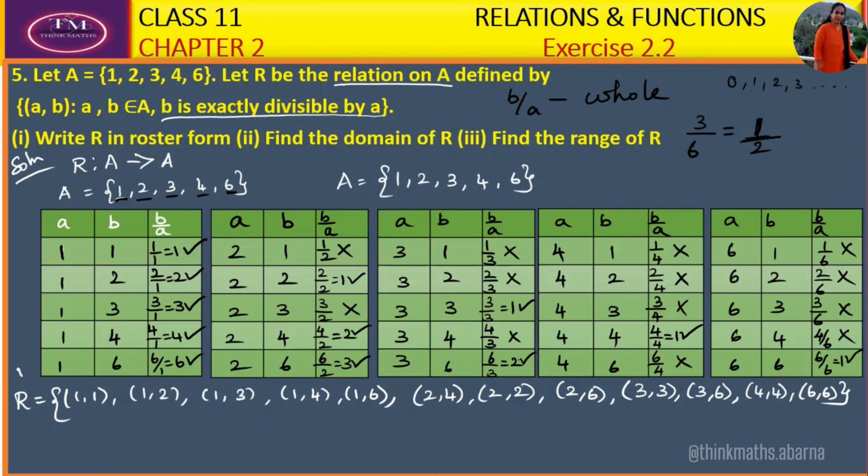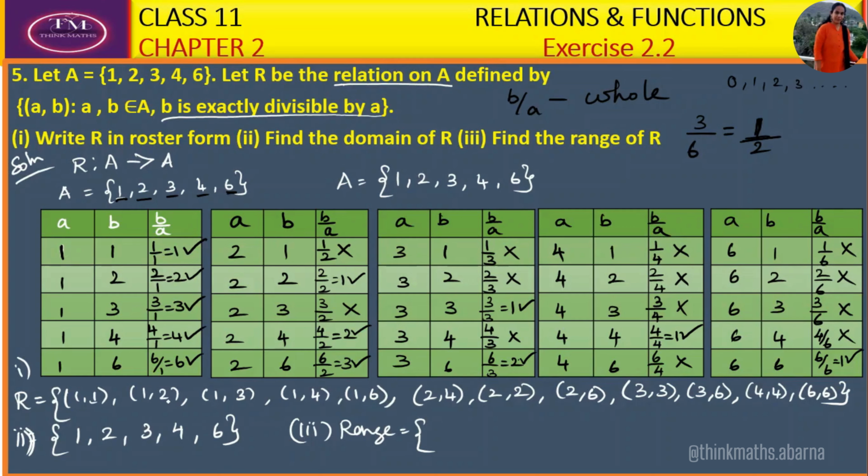So the first part is over. What is the second part? You have to write the domain. The domain is the first element in the relation: we have 1, 2, 3, 4, 6.